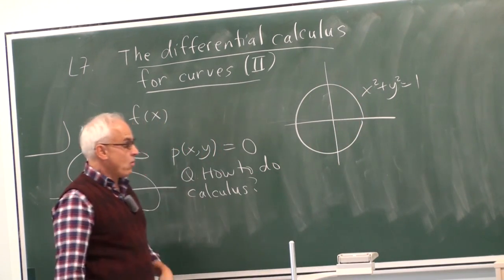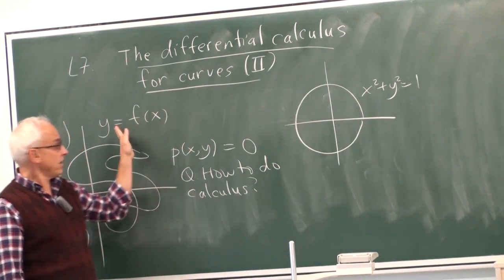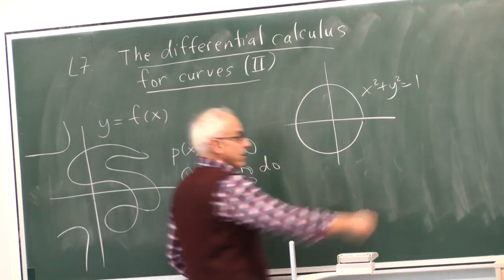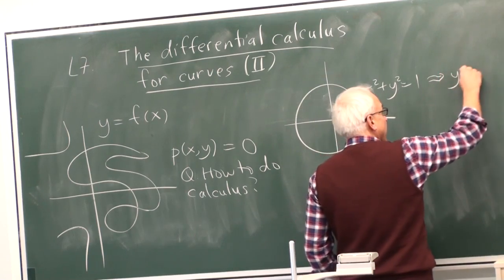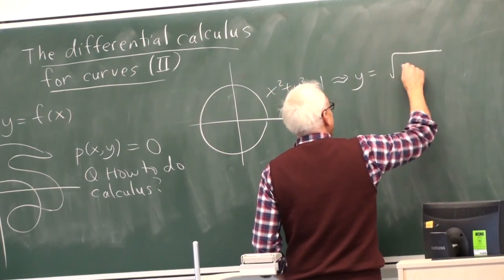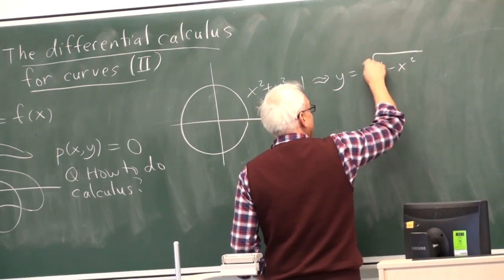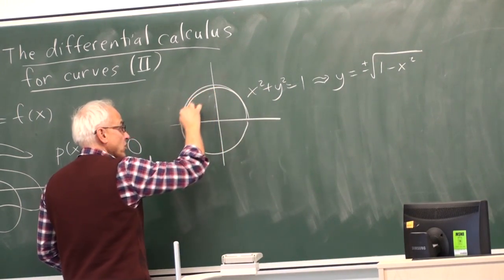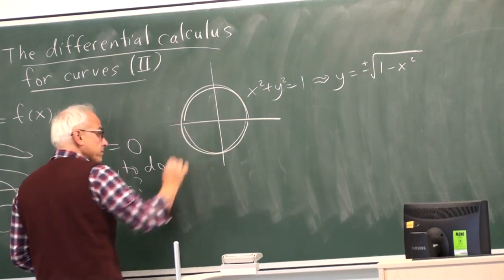So how do we do that? Well, one approach is to try to convert it into this form by solving for y. In this case, we can do that. We can solve for y equals square root of 1 minus x squared. Okay, there's a plus or minus there, corresponding really to the two branches, that one there and that one there.